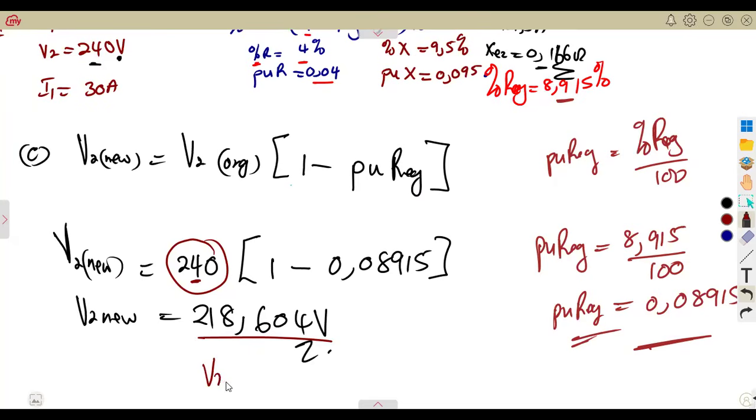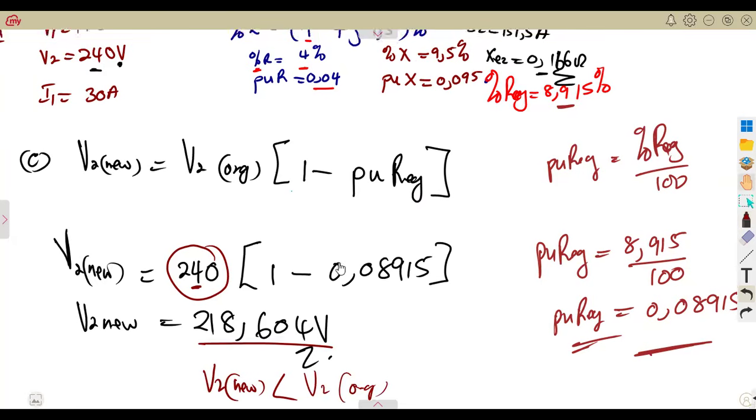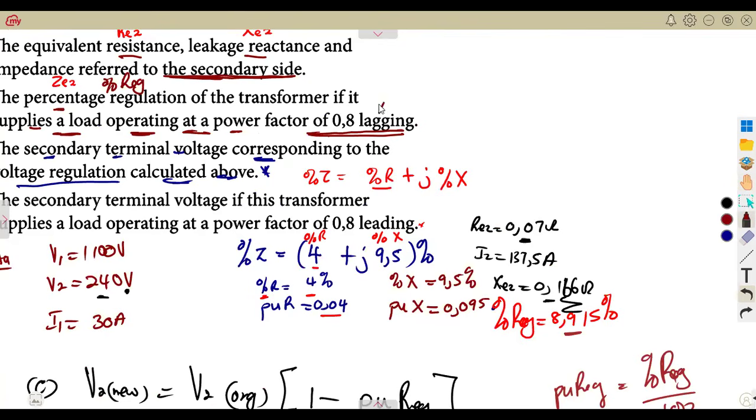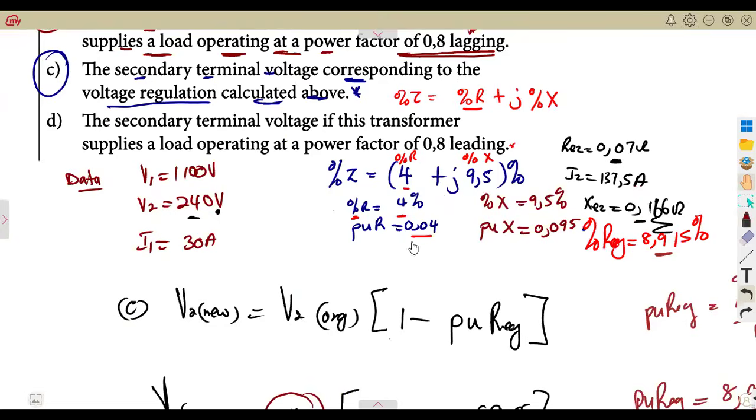I said that when it is less, it is a lagging power factor. And truly, this was from a lagging power factor. Remember, you're calculating this from a 0,8 lagging power factor. So it must correspond to that, giving us the same information to tell us that you're in the right direction. So that was our voltage from there.